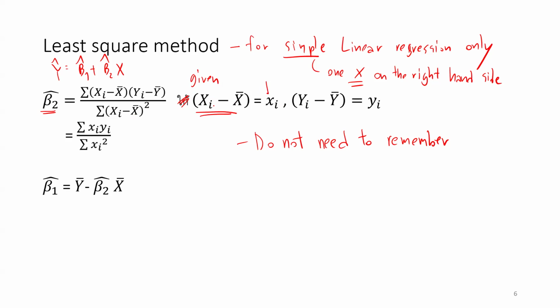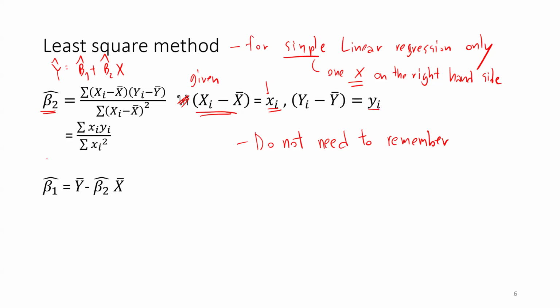Instead of capital X minus X bar, I will use small x, and small y to represent y minus y bar. Then the slope equation becomes sigma xy over sigma x squared. Is this better? No. Still difficult, huh? But later we will do it together, okay?